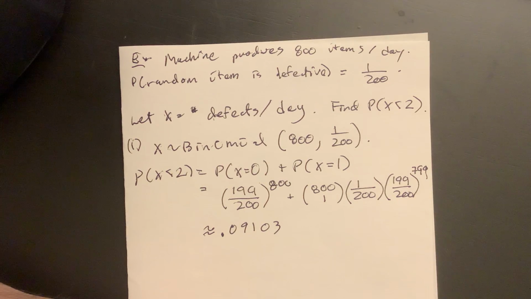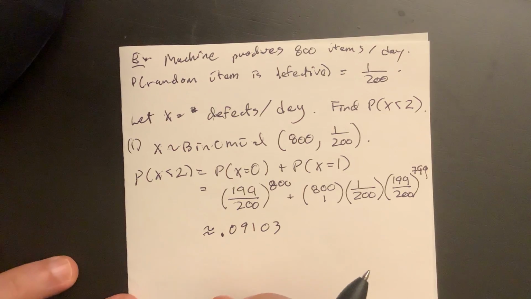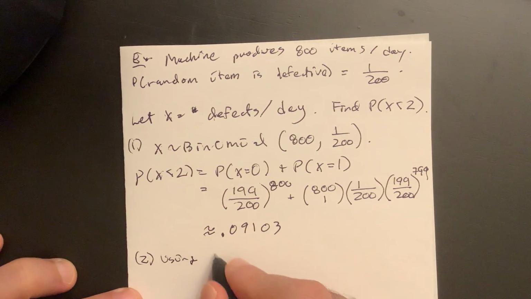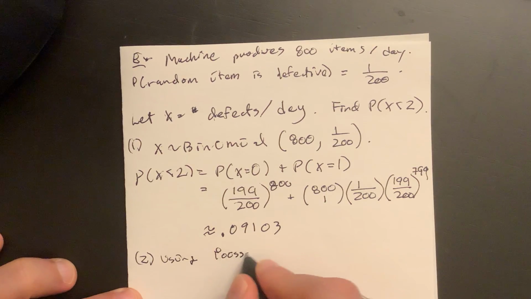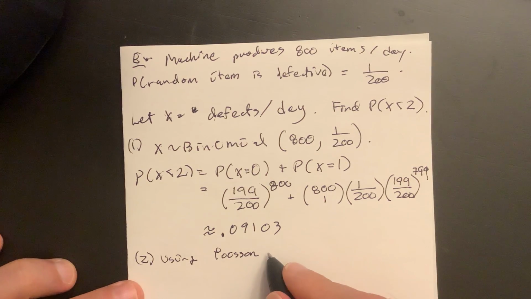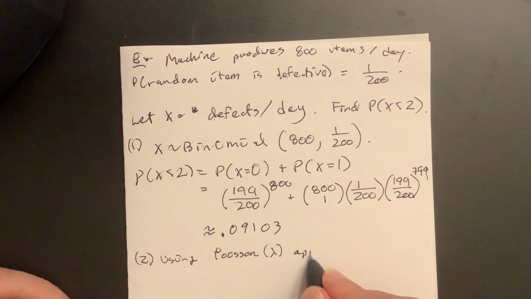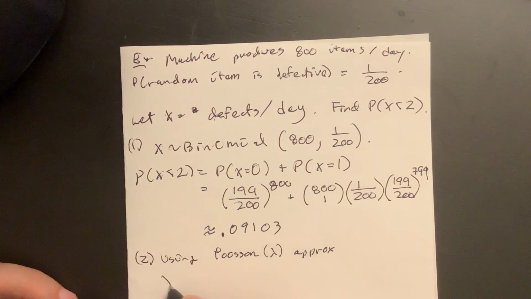But we could use the Poisson approximation. We set lambda equal to np, so it should be equal to 4.